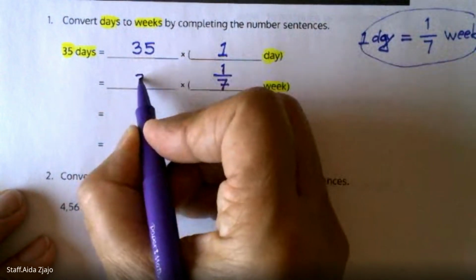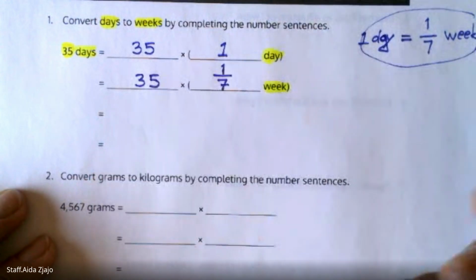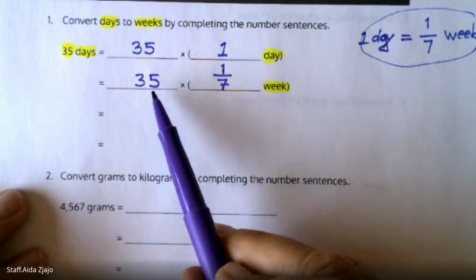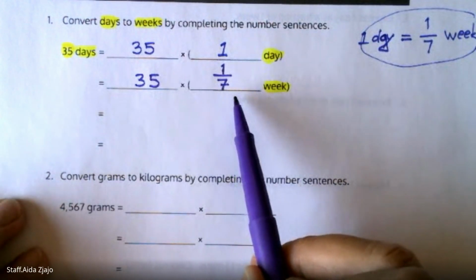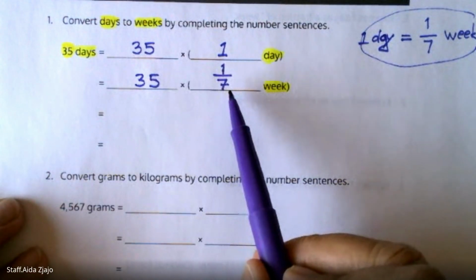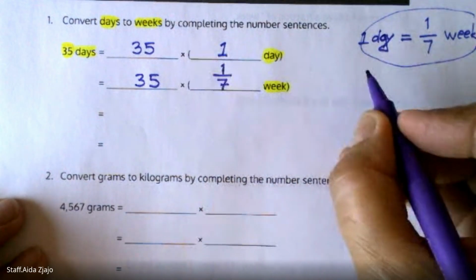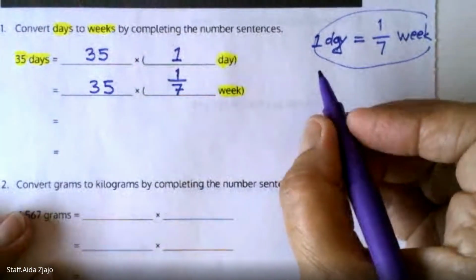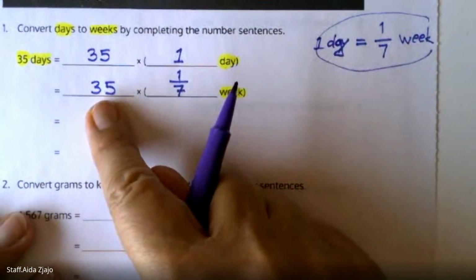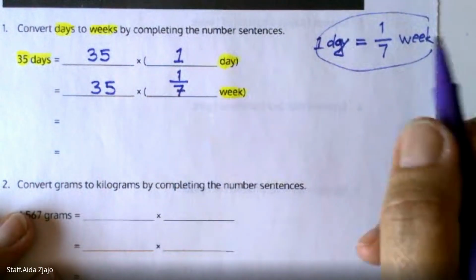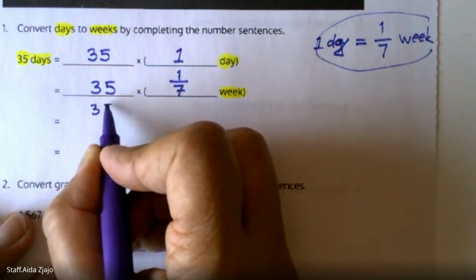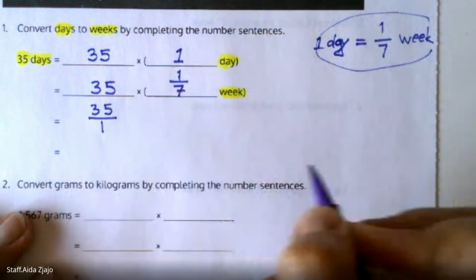So now we have 35 days, and then we just need to say, what is 35 times 1/7? When you multiply a whole number by a fraction, you should change the whole number into the form of a fraction.